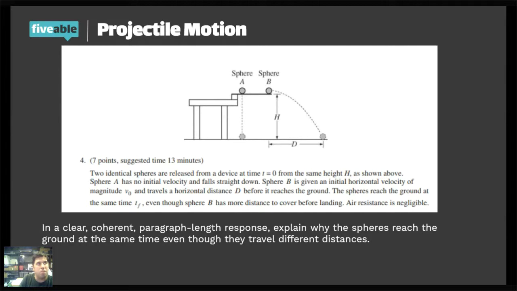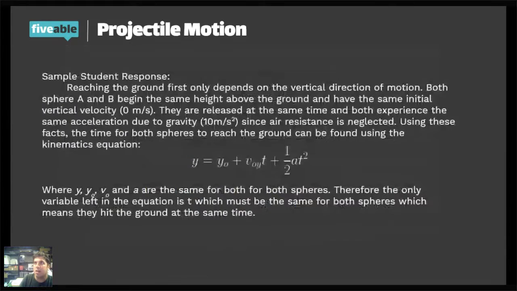Here's the full-blown response that the AP exam put out, and I modified it slightly to better fit this context. But there's some important parts that we need to say in here. For example, the first thing we really should say is that reaching the ground first only depends on the vertical stuff.